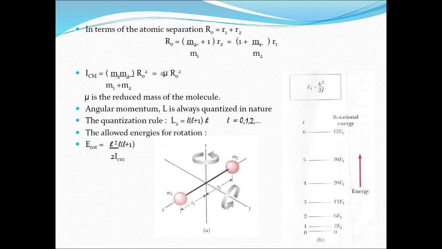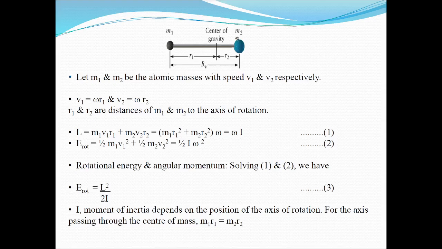So mu is equal to M1 times M2 divided by M1 plus M2. Okay, so R squared is the value of the distance between the two bodies, between M1 and M2.